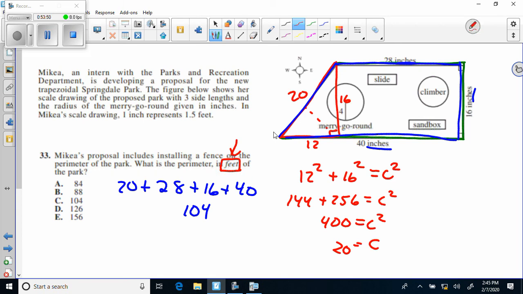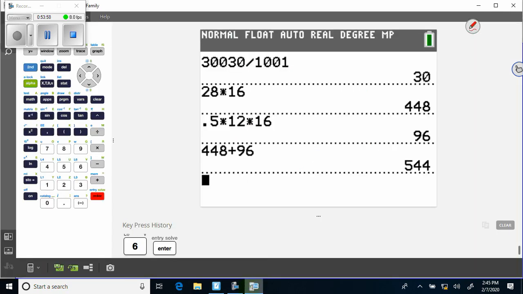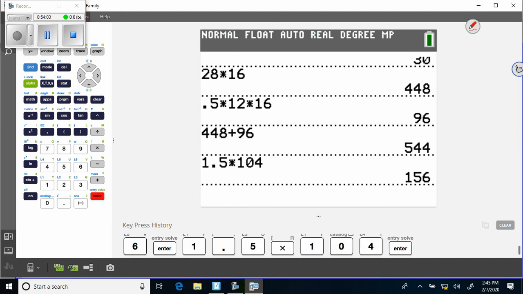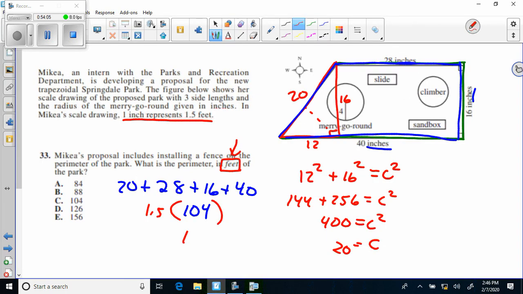Well, in the directions it says Makia's scale drawing is 1 inch represents 1.5 feet. So all you have to do is multiply that by 1.5. So if we came to our calculator and did 1.5 times our 104, you would have 156 square feet, or feet squared, however you want to say that. And so my answer should have been the letter E.